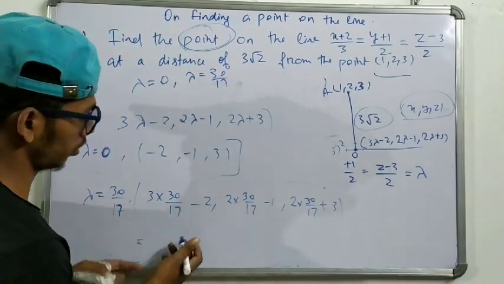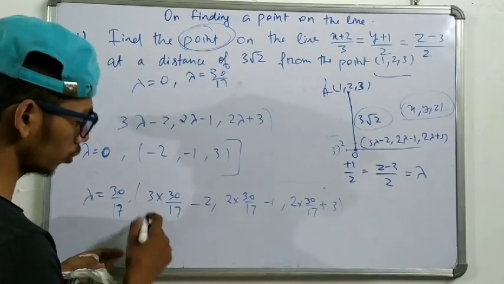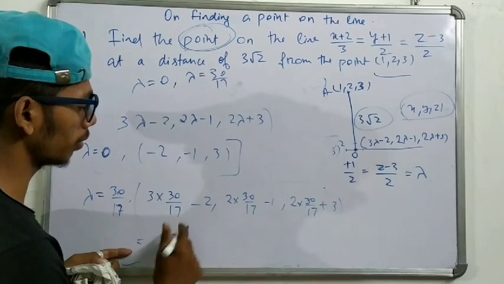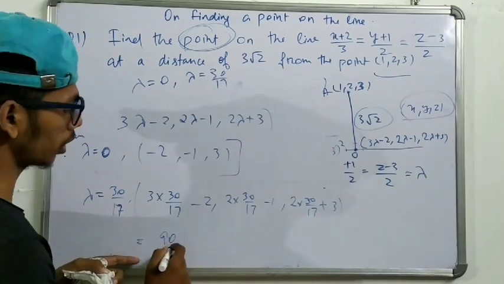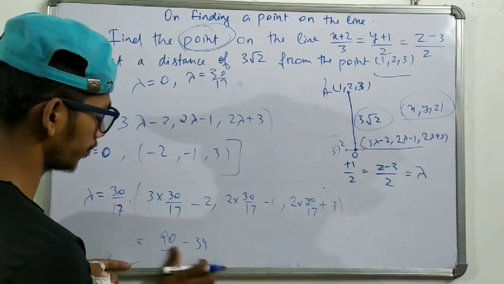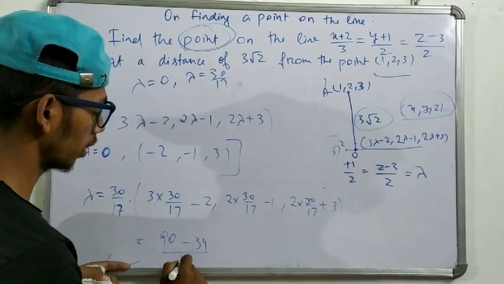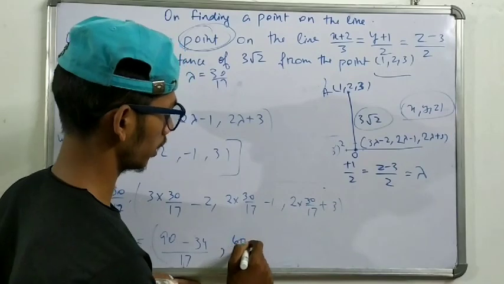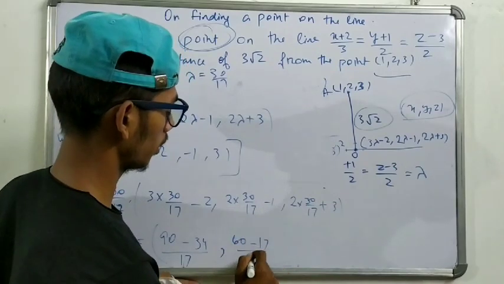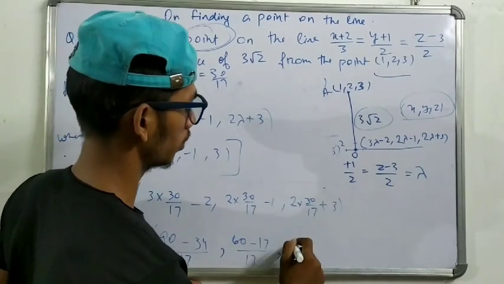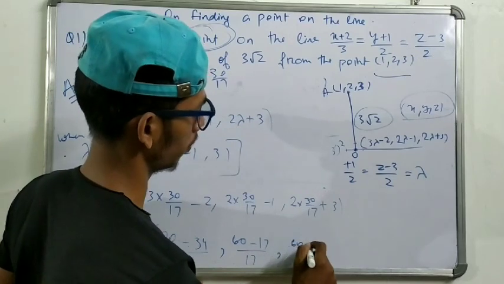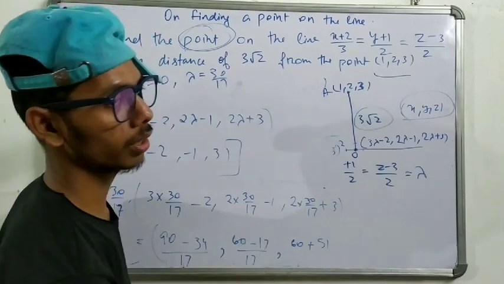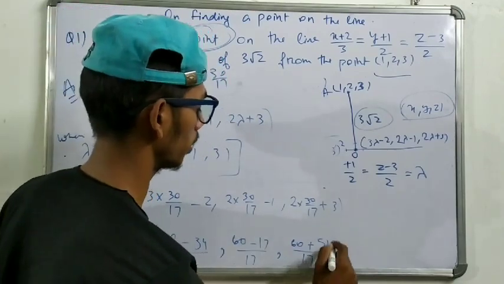Further calculation, if required, you can also do. I'm just doing it. Okay, 90 by 17 minus 2, so 17 twos are 34, minus 34. 90 minus 34 by 17 comma 30 twos are 60, 60 minus 17 by 17, and 60 plus 17, 3 sevens are 21, and then 2, then by 17.